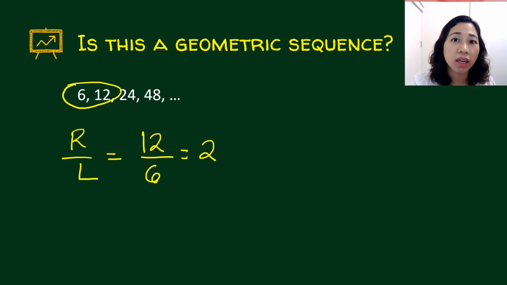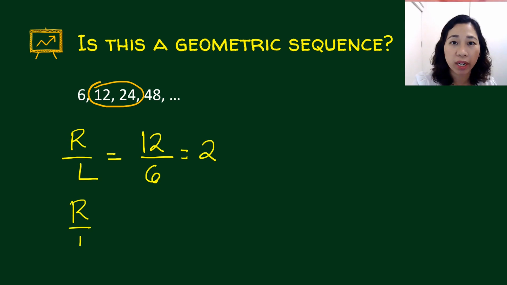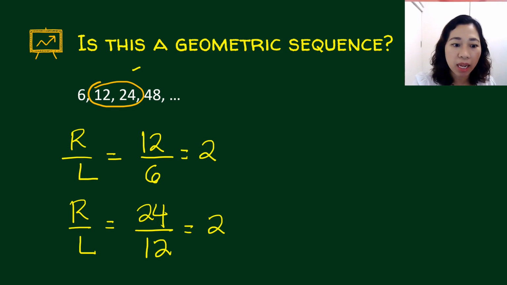Now let's see whether that is the same for all our terms. Now let's look at the next two consecutive terms. We have 12, 24. What is my right over left there? My right term is 24 over my left, 12, and that is equal to 2. So you have noticed they are the same. Now let's check if this is really a geometric sequence.